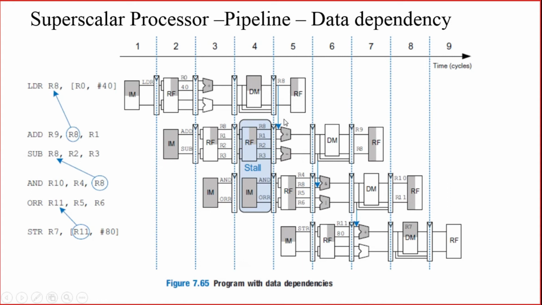This is known as forwarding. This also we have seen. So R8 in the fifth cycle will be forwarded from the LDR instruction to the AND instruction. So now in the fifth stage, R8 is available.